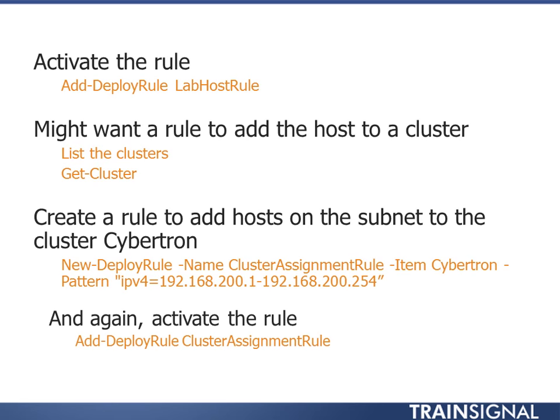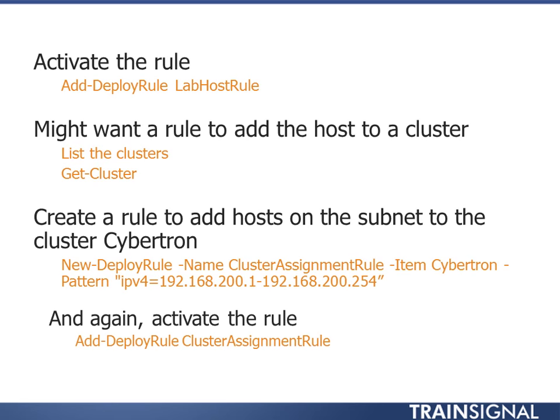I'll also show you, again in the lab, that you can combine all three of these. You can do New-DeployRule, -Name, whatever, -Item, and do it in order. The first one is the image, then the cluster, then the host profile.